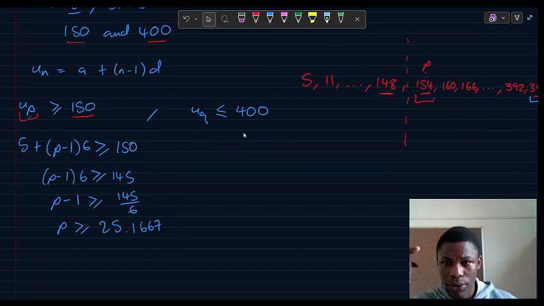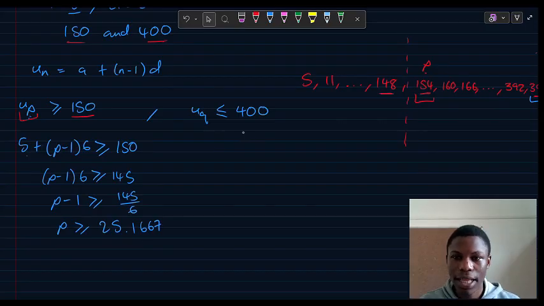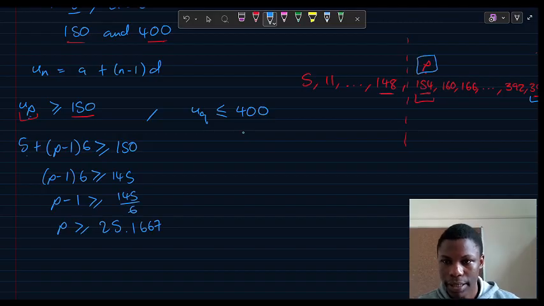I want you to keep in mind that P represents the position. The 5 is the term in position 1. The 11 is the term in position 2. The P, or the 154 in this case, is the term in position P. So P is going to be an integer.